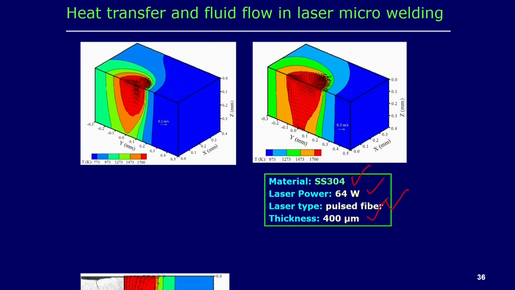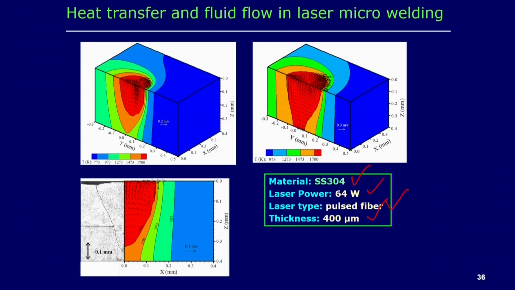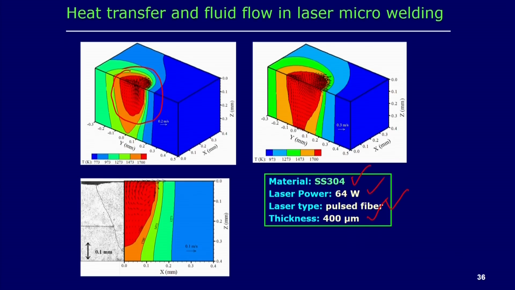We can see the temperature distribution within the molten pool as well as the velocity distribution, and everywhere the velocity starts from the center point to the outward periphery. In that direction we can observe the flow of the liquid molten metal during the welding process.